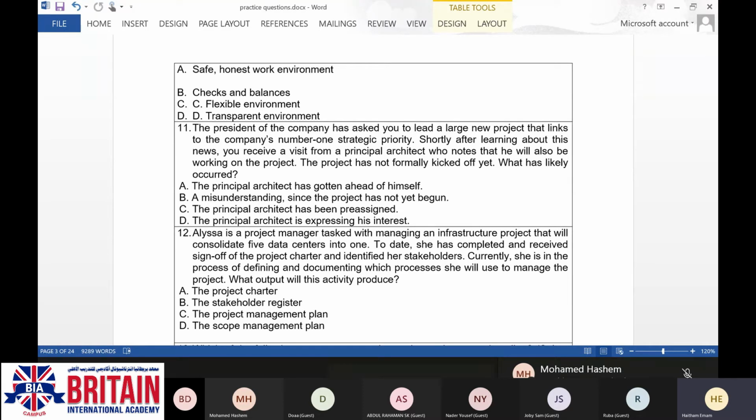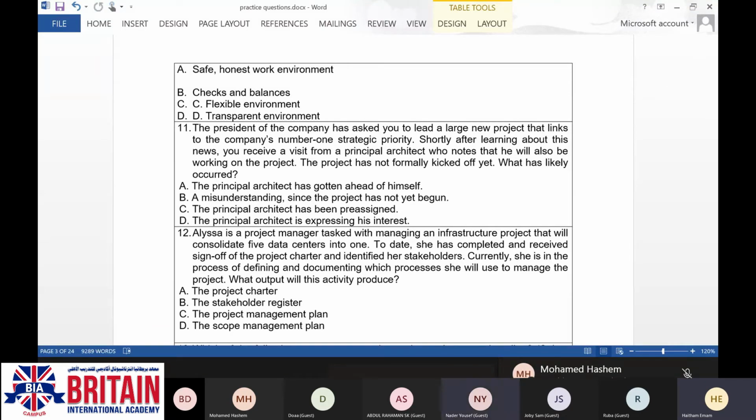He doesn't come to you and tell me, Haitham, please, I would like to join this project, try to do your effort to make me inside this project. In that situation, if he says so, then he's expressing his interest. But he has certain information that he is going to work with you on this project. So the last answer is going to be removed.